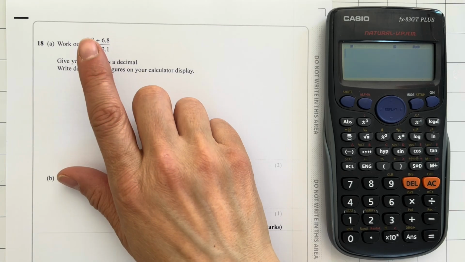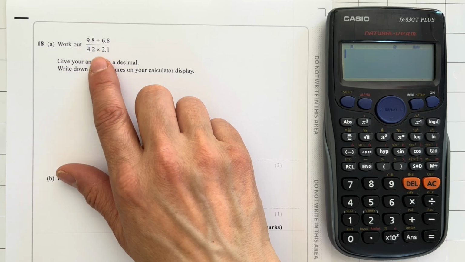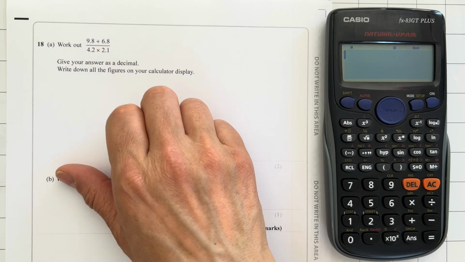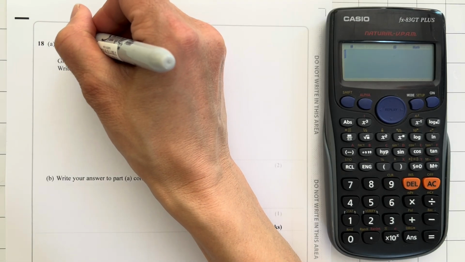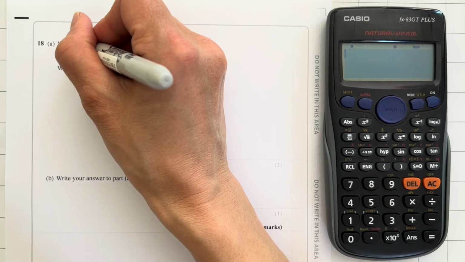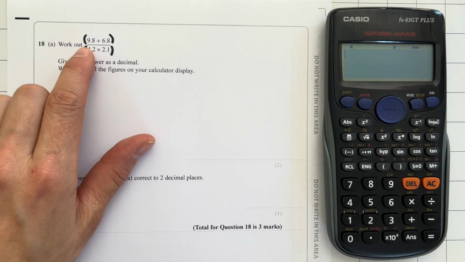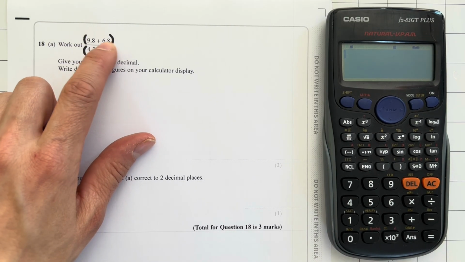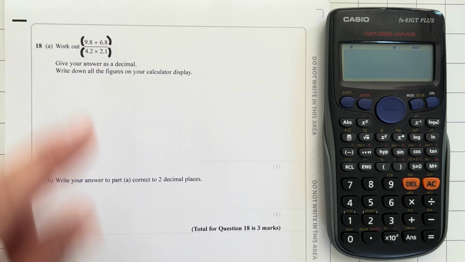So we need to type this into our calculator, but we need to be careful that the calculator does the correct calculation. To ensure that, I am going to type this in, but I'm going to add brackets to make sure that it looks at adding these two numbers together and then dividing by the product of these two numbers.